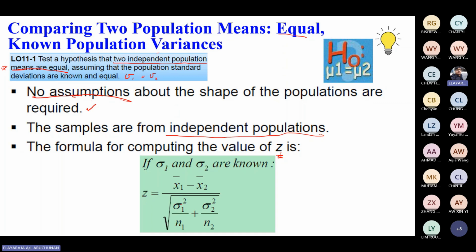This is the first independent set, and this is the second independent sample set. I want you to remember and try to memorize this formula, because it's what we're going to use in the tutorial to calculate the z values, the normal distribution values.